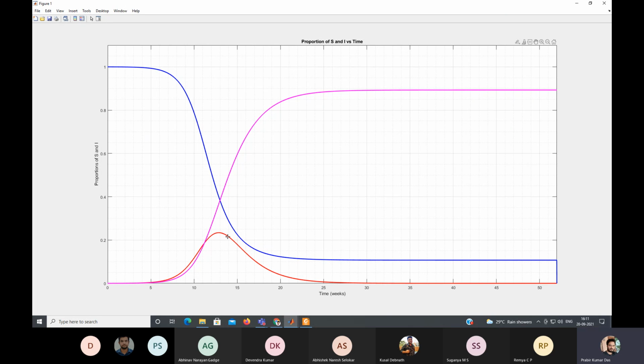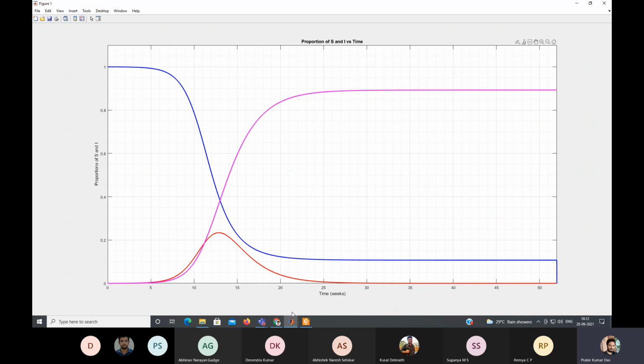This red line is the number of infectious people, those who are getting infected, so the rate of infection is getting plotted. So I versus T is the red line, and this curve is the logistic growth curve. This is the R curve.